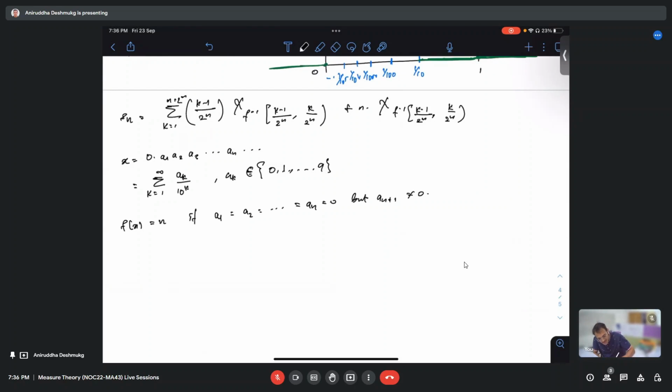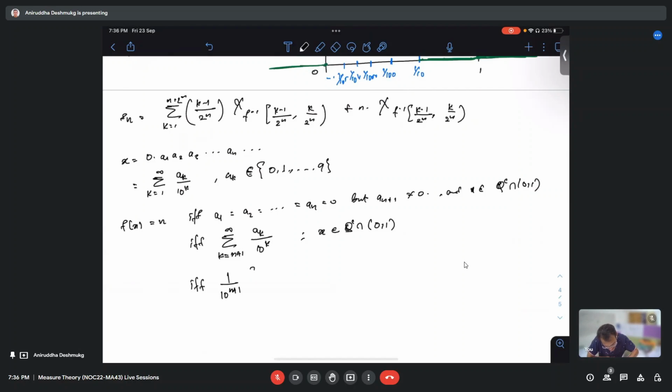If this is the case, then, if and only if, and of course x is an irrational number in (0, 1), if and only if the sum over k from n plus 1 to infinity of ak by 10 to the power k, and x is in Q complement intersection (0, 1), which is same as saying I can take 10 to the power n plus 1 common, and then I can write this sum k from 1 to infinity, ak by 10 to the power k minus n minus 1.